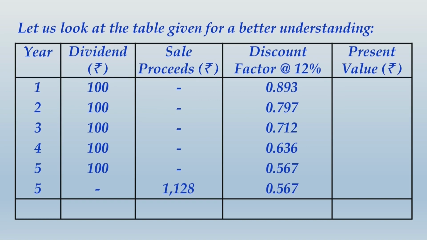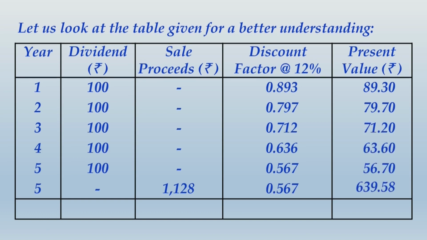When we multiply these PV factors or discount factors to the amount of cash flows, you would get the present value of all these cash flows. Notice one thing, in the fifth year we have mentioned two cash flows, one is dividend and one is the sale proceeds from shares.